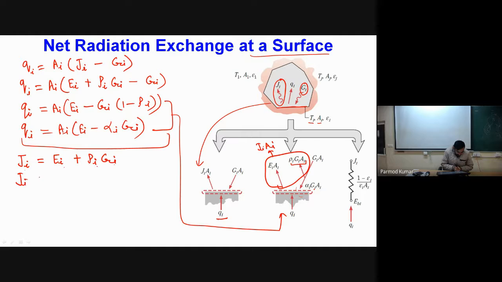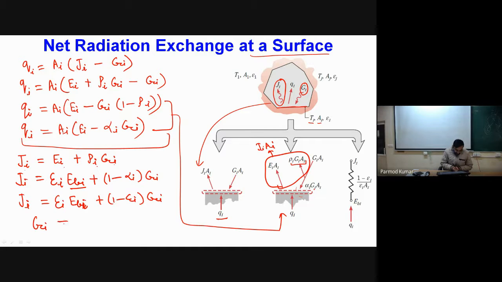Now, emitted radiation, if I know the emissivity of the surface, I can write in the form of epsilon i into Ebi, where Ebi refers to the black body radiation emitted by a black body having temperature equal to that of the surface temperature. Okay, plus in place of rho i I can write 1 minus alpha i into Gi. Now from Kirchhoff's law, we know that alpha i is equal to epsilon i. So I get epsilon i into Ebi plus 1 minus epsilon i into Gi.